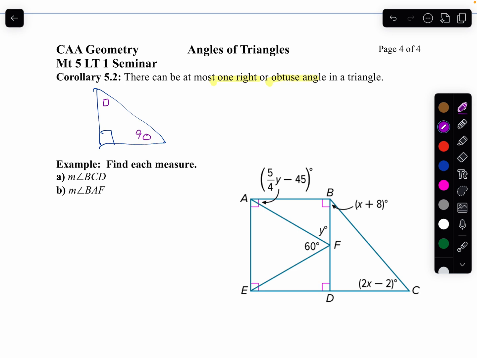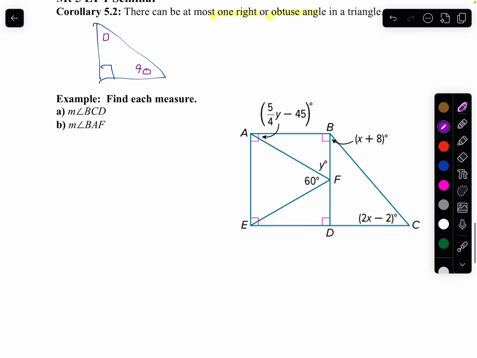Now, if I take a look at my next example, we were supposed to find the measure of angle BCD. So I'm looking for this angle here. And notice, first thing I know is angle D is a right angle because I know angle BDE is a right angle.